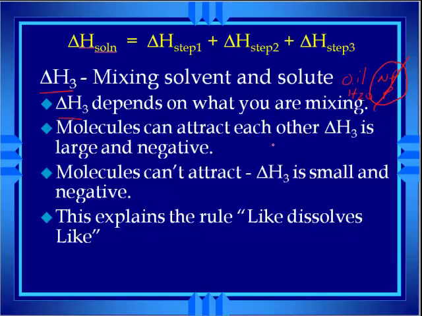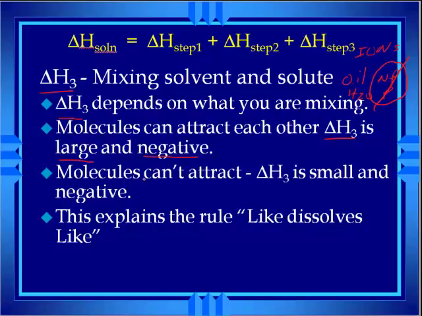If they are attracted to each other, like, for example, if I have ions that have charges and water molecules that are polar, those things are going to attract each other, and this H3 is a large value, which is good, and it's also negative, which is good.